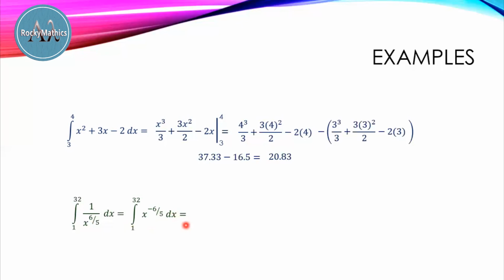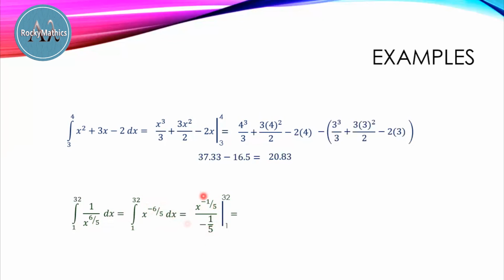Then dx. And applying the formula for finding the antiderivative, if we have x raised to n, what are we going to do? Simply, we add 1. So this becomes x raised to negative 6 over 5 plus 5 over 5, which is negative 1 over 5, over negative 1 over 5.